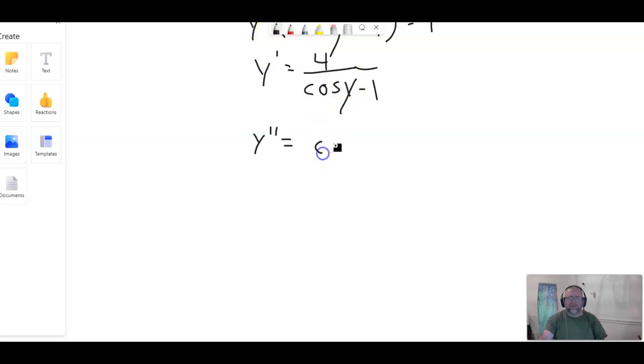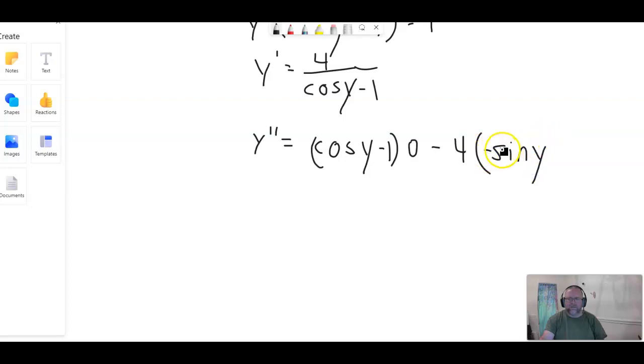So this is going to be the bottom, cosine of y minus 1, times the derivative of the top, which is just going to be 0, minus the top times the derivative of the bottom, which is the derivative of cosine, negative sine y.